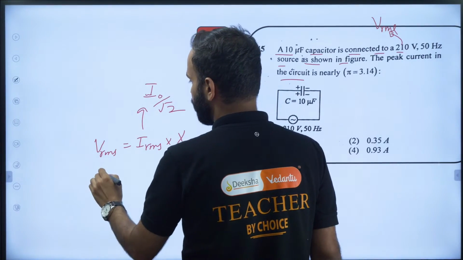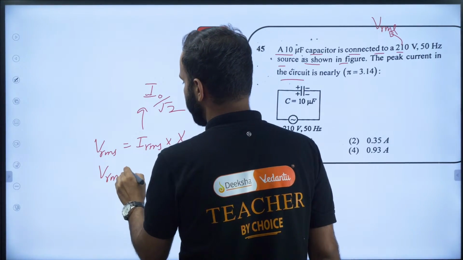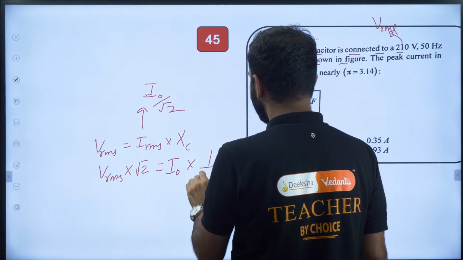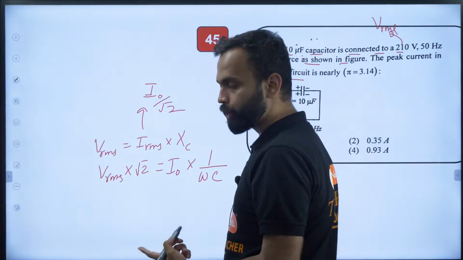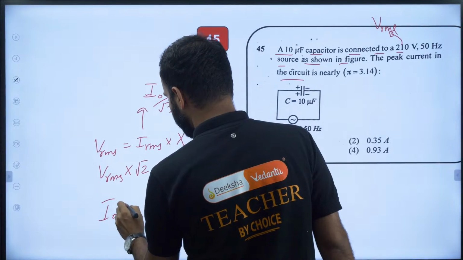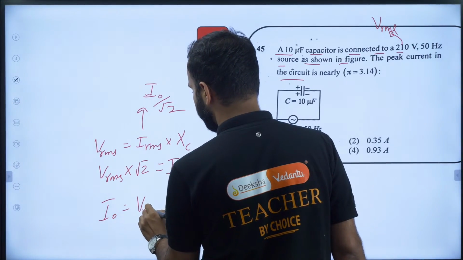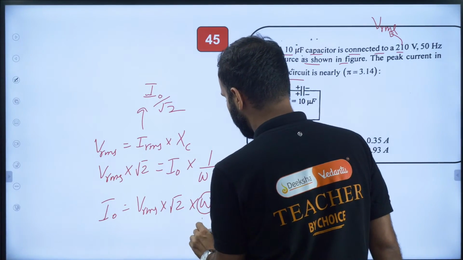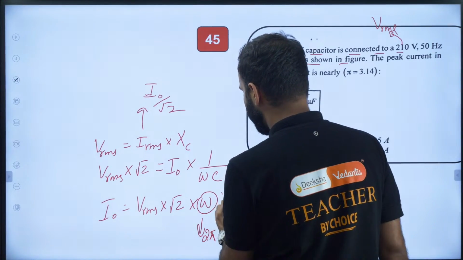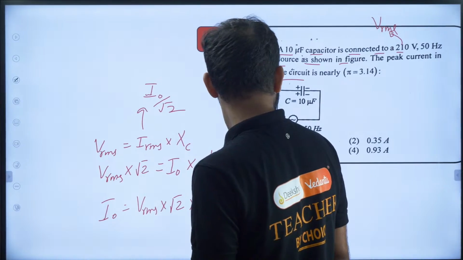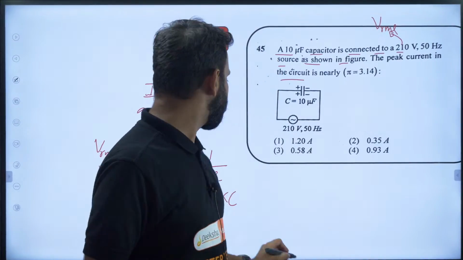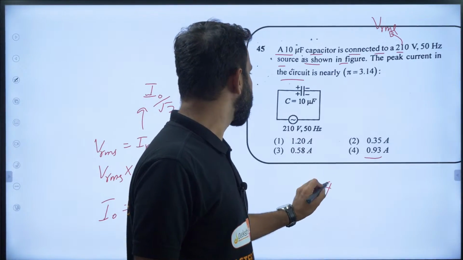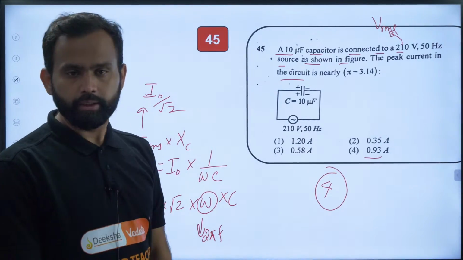So Vrms into root 2 is equal to I0 into 1 divided by omega C, and omega is 2 pi f. So now I0 is equal to Vrms into root 2 into omega C, that is 2 pi f into C. Now solve this, you will get peak current as 0.93 ampere. So the correct option is the fourth one.